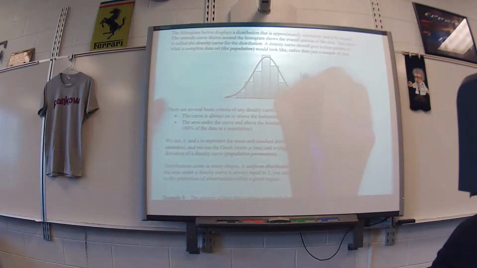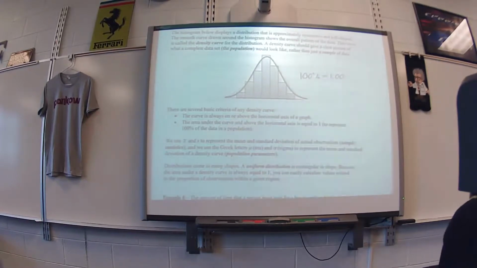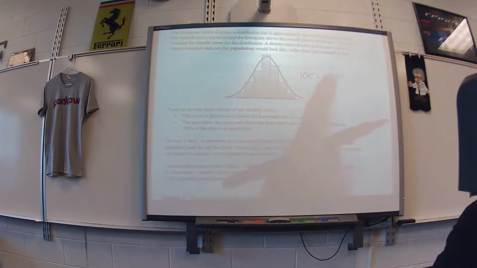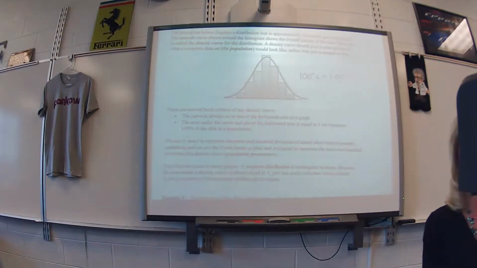If you have 100%, and we move the decimal over, that equals 1.00. So that's why we say the area under the curve is always equal to 1. Any portion underneath that density curve is going to be a portion of 100% or a portion of 1.00.